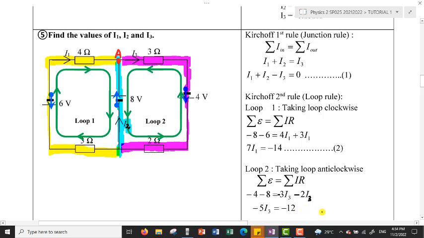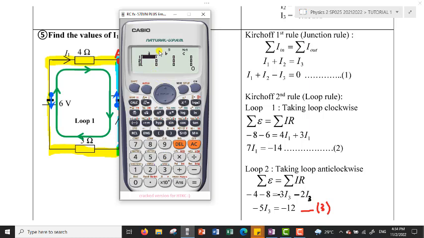So this will be our third equation. Once again, you might pause the video and then you can solve the question using the mode equations in your calculator.